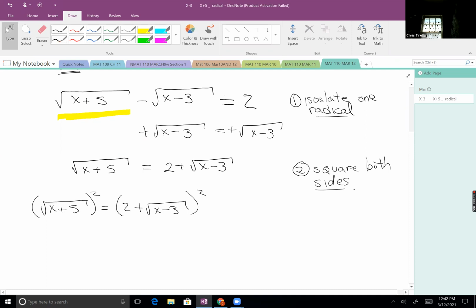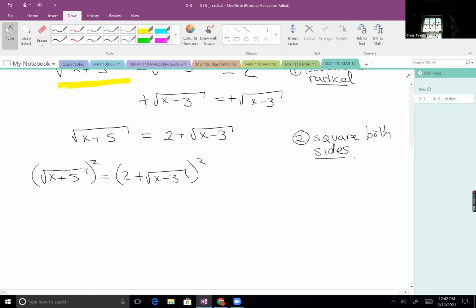We'll do the easy side first. We said a couple of times that raising something to the second power and taking the square root are opposites, inverses. They undo each other. And so if I square a square root and multiply it by itself, I'm undoing that square root. It has a net effect of just taking the square root symbol away and giving me the radicand. I get x plus 5.